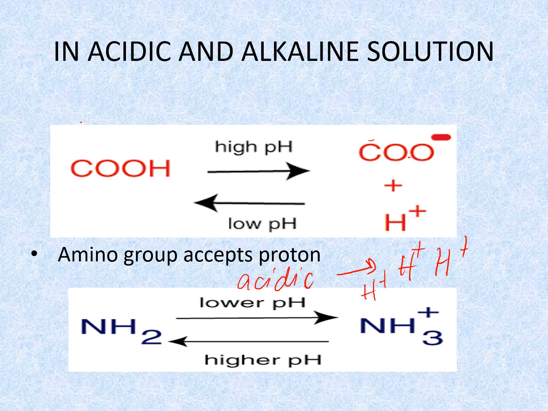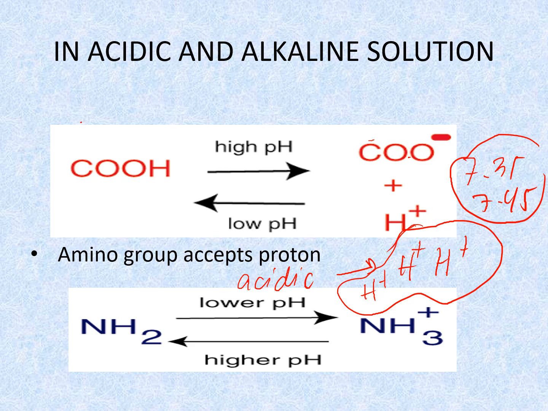For example, in the blood, there are a lot of protons, which means the normal response of the body is to reduce the protons because it's bad for the body, especially for the blood, to be very acidic, right? So the blood pH needs to be maintained at 7.35 to 7.45. If the blood pH drops, for example, to below 7.35, that means the environment is now acidic for the biomolecules of the body.